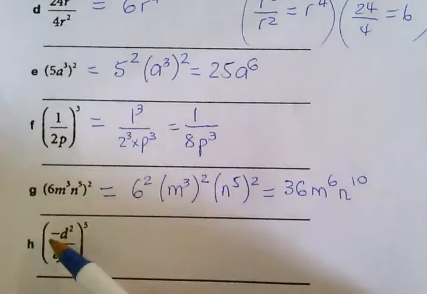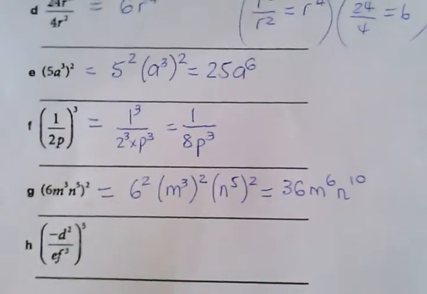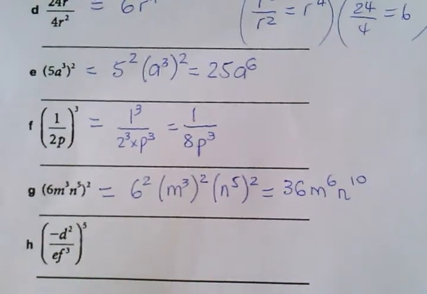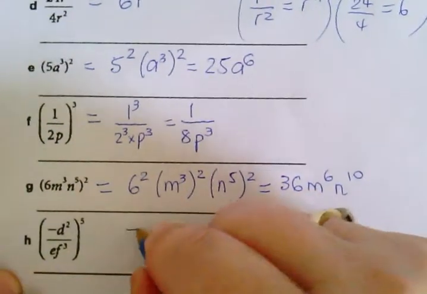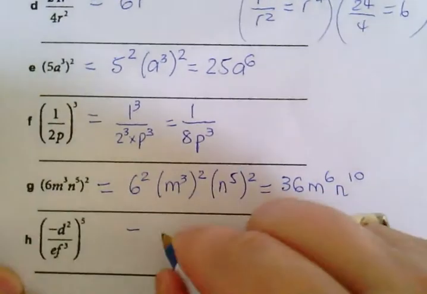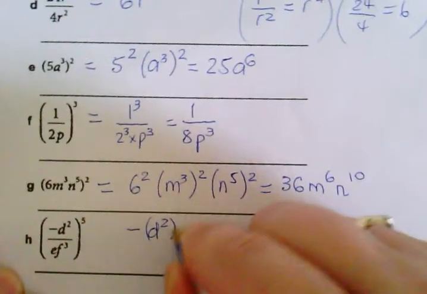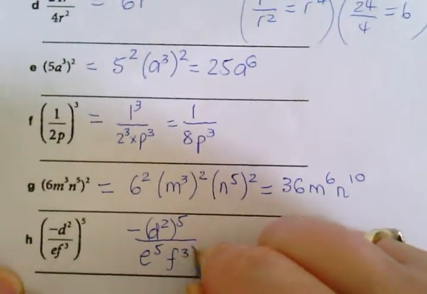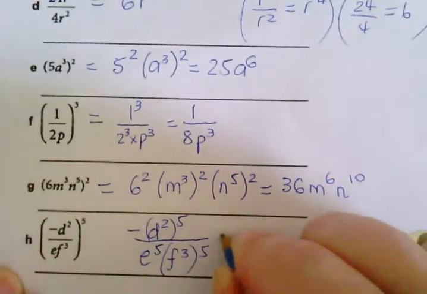Do the same thing here as well. I'm going to make everything to the power of 5. Girls, a negative times a negative 5 times is a negative. Every odd, if it's an odd number of times, it's a negative. Then we've got d squared to the power of 5. e is to the power of 5. f cubed is to the power of 5.